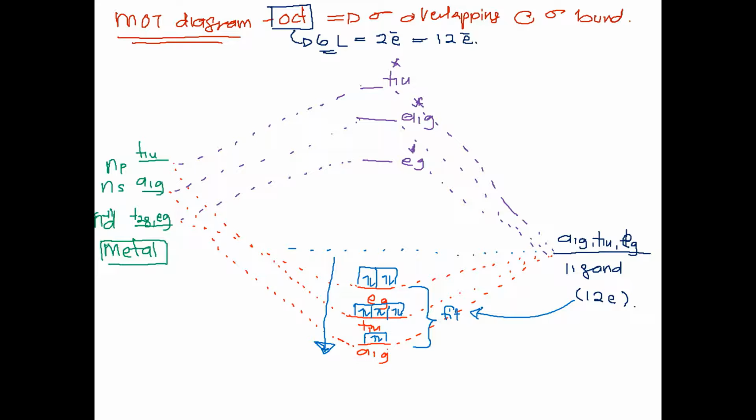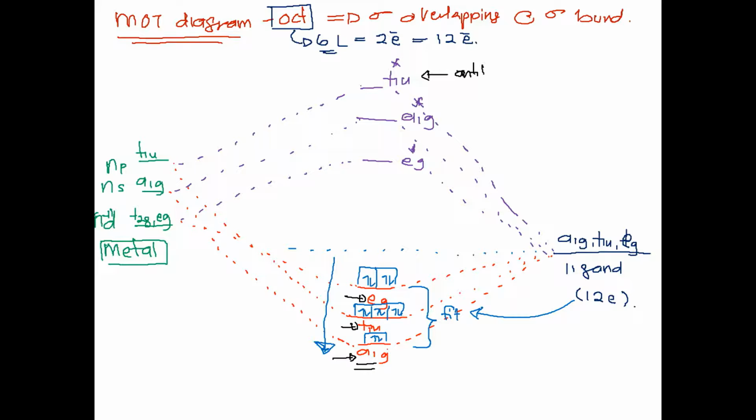So as you can see here, each of the orbitals here, A1G, T1U, EG, these are the bonding orbitals. We'll have the star bonding, which corresponds to the anti-bonding.